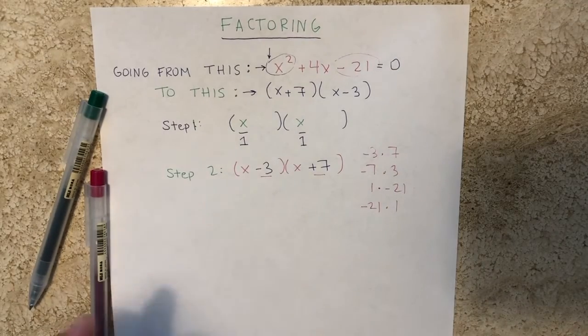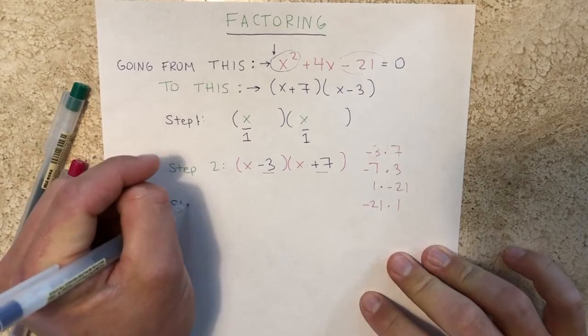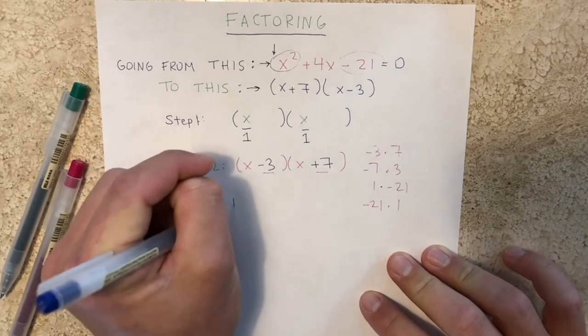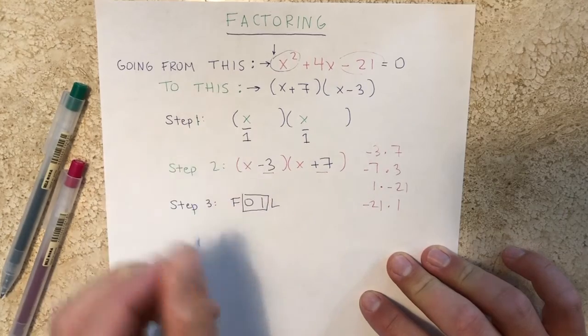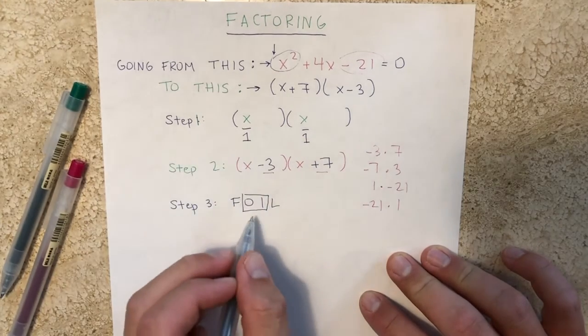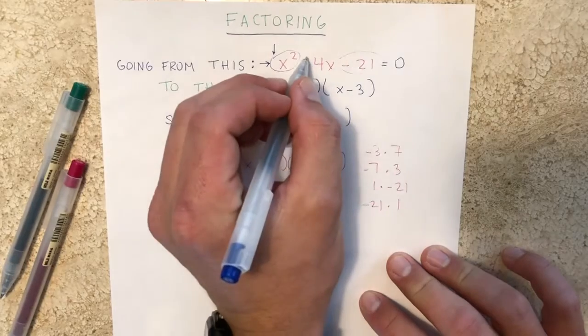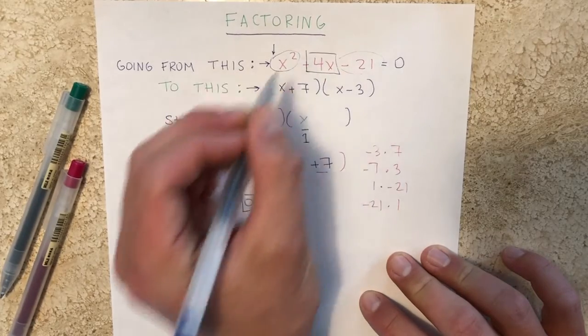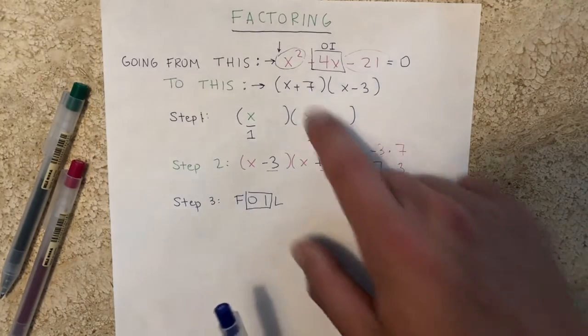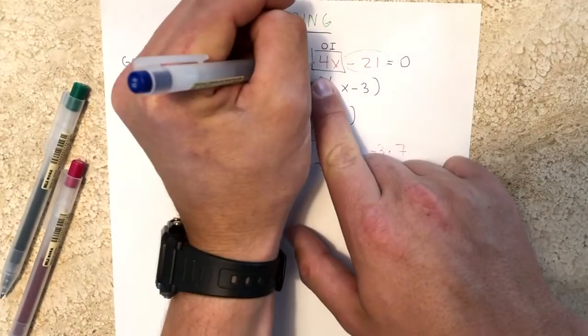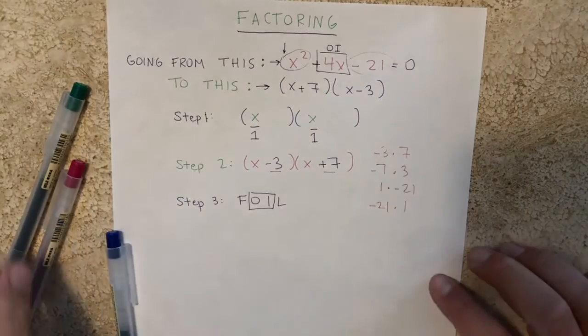Well, this is step 3, which is to FOIL, but all you need to do are the outer and inner parts, because the outer and inner parts have to come back to give you your, this is kind of your outer inner term, okay? Positive 4x.